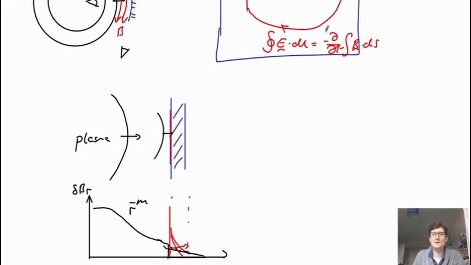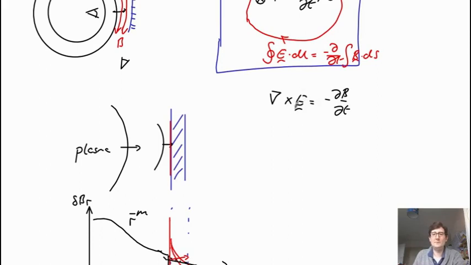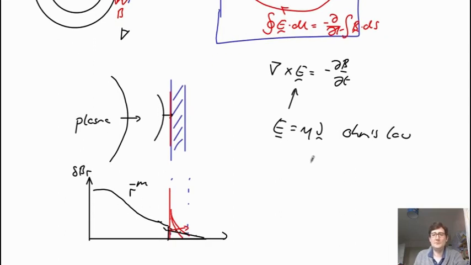So this integral here can of course be written also that we have just curl of E is minus dB by dt. And so what we can do is, inside the wall, it's just a conductor, so E is just eta times J, just from Ohm's law. And J of course is related to B, so we have curl of B is mu naught J. And so we can put all this into here.